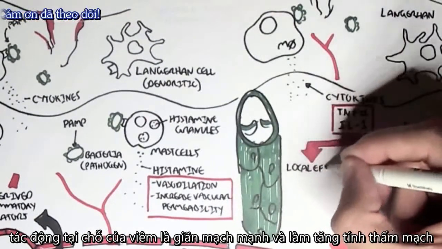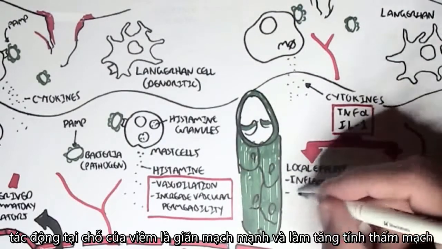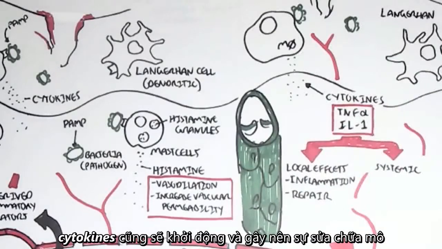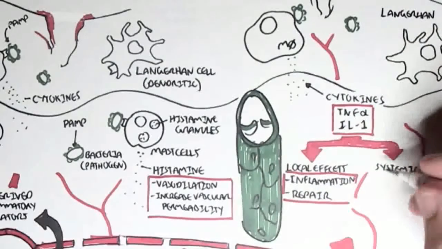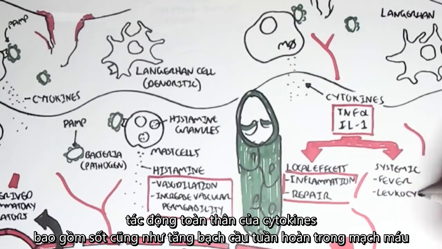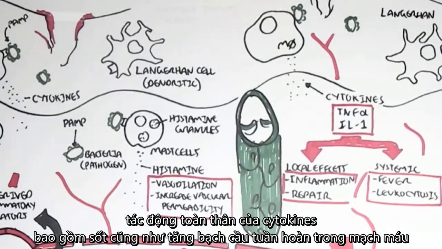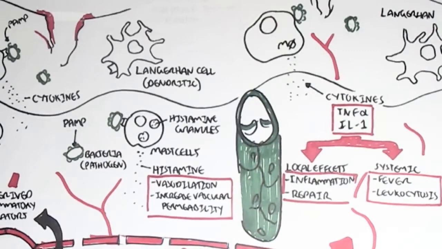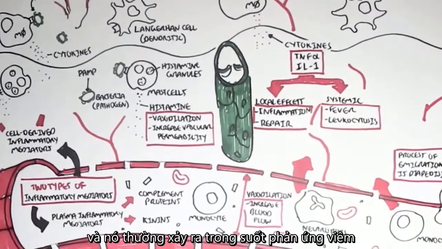The local effect being inflammation, which is vasodilation and increase in vascular permeability. The cytokines will also cause tissue repair by stimulating fibroblast activity. Now, the systemic effects of cytokines include a fever, so becoming hot, as well as leukocytosis, meaning the accumulation of white blood cells circulating within the blood vessel, and it usually happens during an inflammatory response.